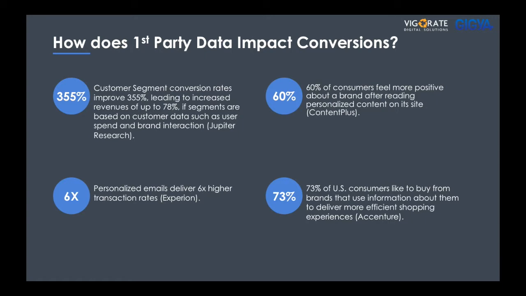Personalized emails deliver 6 times higher transaction rates. 60% of consumers feel much more positive about a brand after reading personalized content on that brand's website. And 73% of US consumers like to buy from brands that use information about them to deliver more efficient shopping experiences.